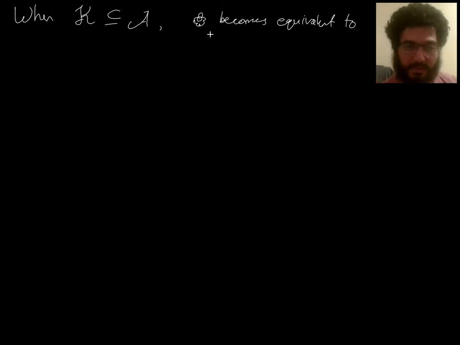So when K is a subset of A, the criterion flower, in other words, K is an approximating class for mu, becomes equivalent to this other thing, which, let's call it leaf, which is much simpler.